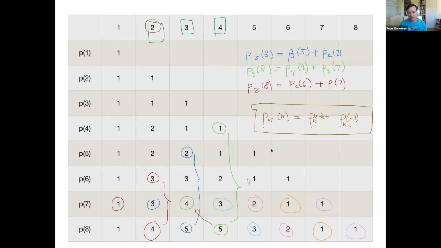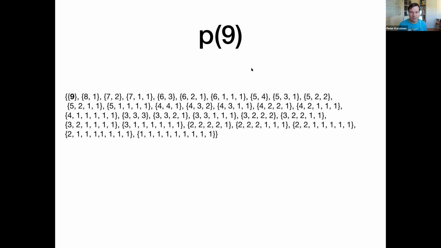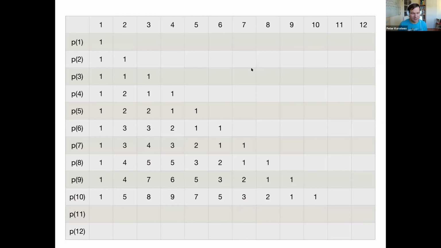So that looks simple enough. Now let's test it. Let's turn it around and test it for p of 9, then the one here, 10, 11. In the interest of time, let's assume that we also calculated p of 9 and p of 10, so these will be the same numbers.